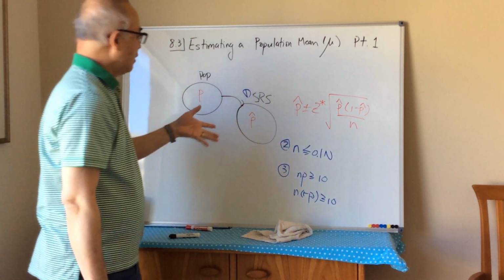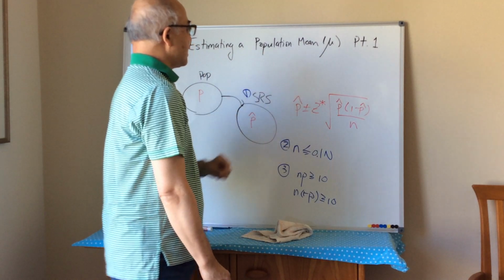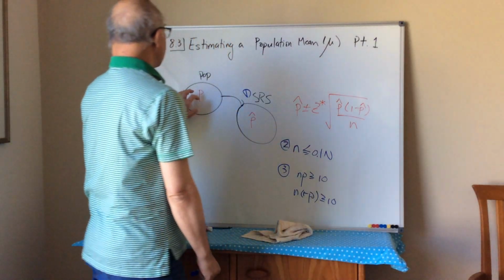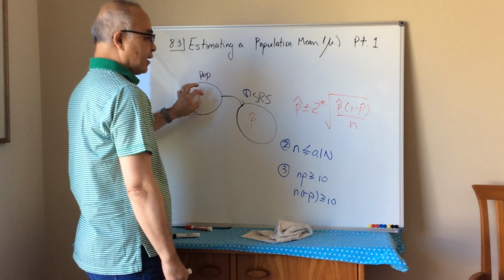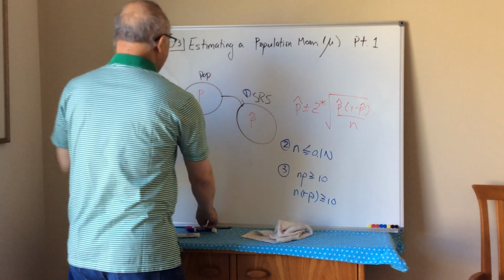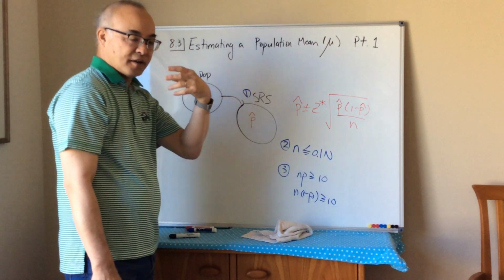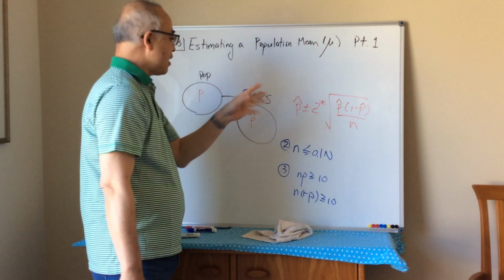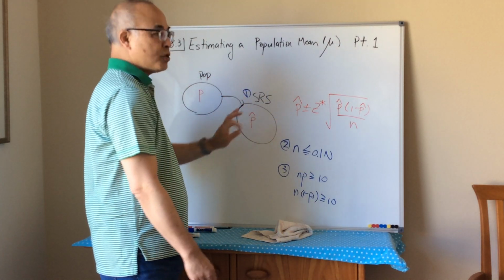In 8.3, we're going to do the same thing, except we're going to do a mean. In other words, instead of categorical data, we're going to talk about quantitative data. The categorical data was like hair color: blonde, black, brown, or whatever, so it was a proportion.